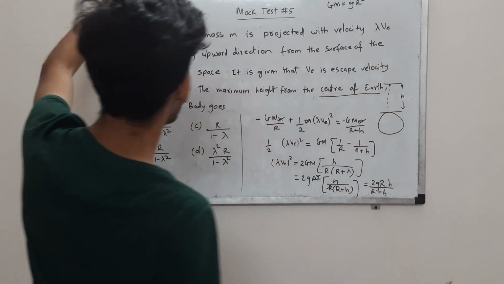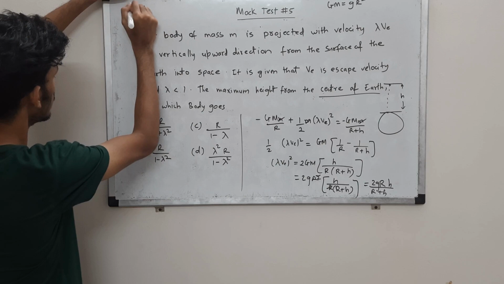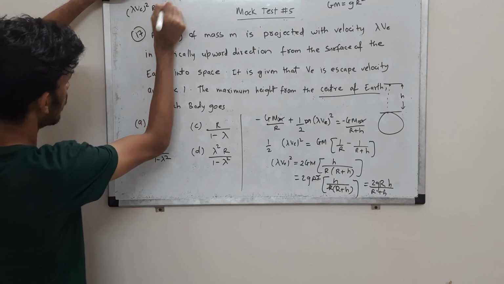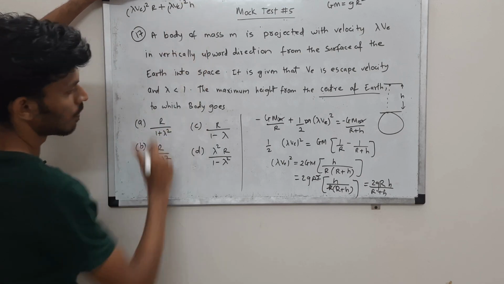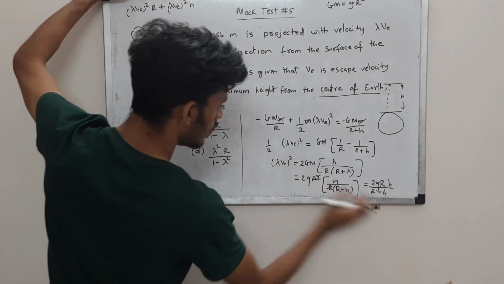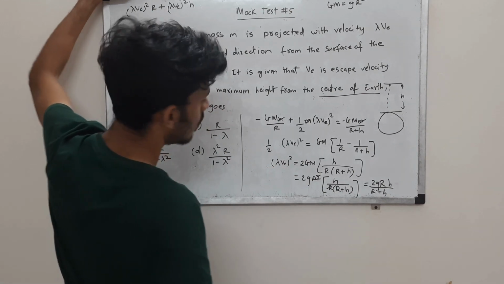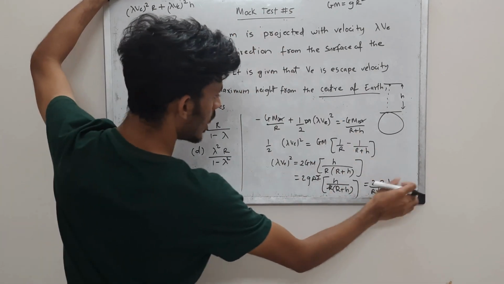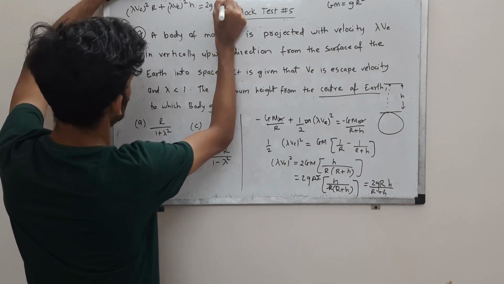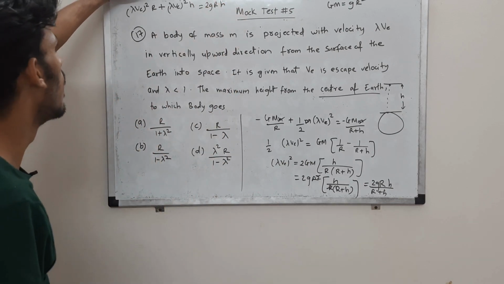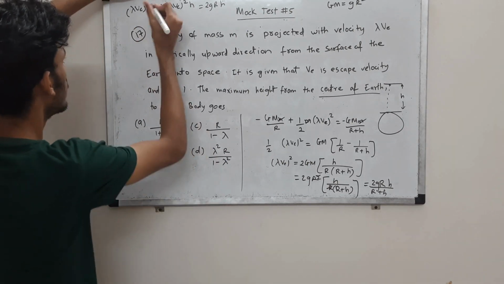Now multiply this R plus h to this. So we have lambda Ve square times R plus lambda Ve square times h. I've just brought this term to the left hand side, multiplied it with this term, and on the right hand side we have 2gRh. Now let us solve for h, because that is what we want.